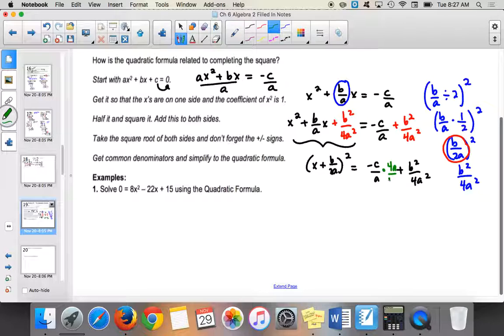Do you see it? Because that's going to give me 4a squared on the bottom. So we're getting close. It doesn't look like it yet, but we're almost there. So if I have negative c times 4a, I get negative 4ac, and then plus b squared, and it's all over the common denominator 4a squared.